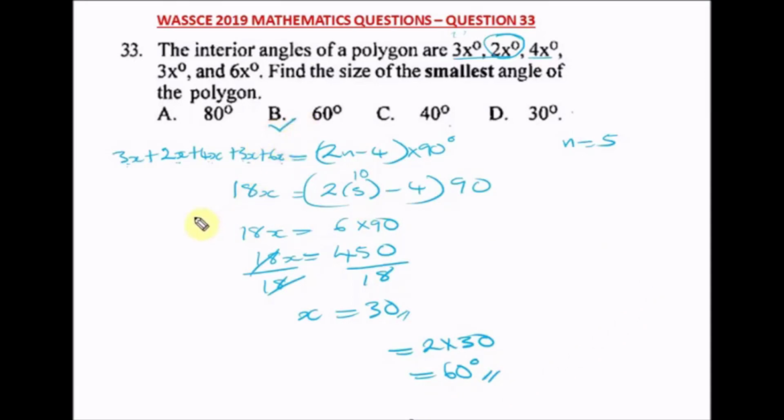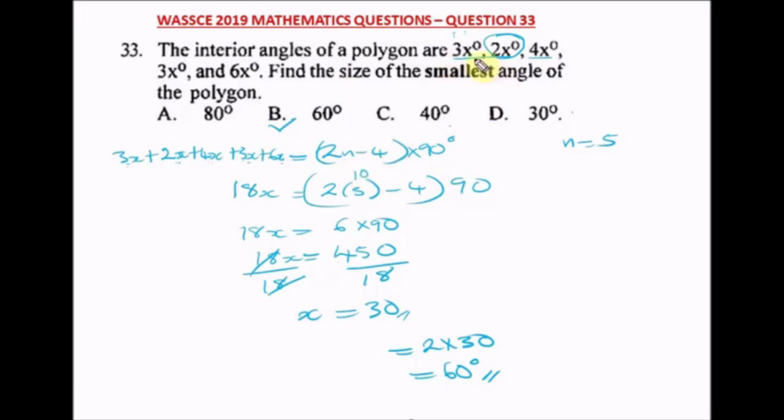Okay, so you notice from here this question was twisted. In past years they would just go straight to the point, give you the total sum of the interior angles and make you look for how many sides the polygon has.